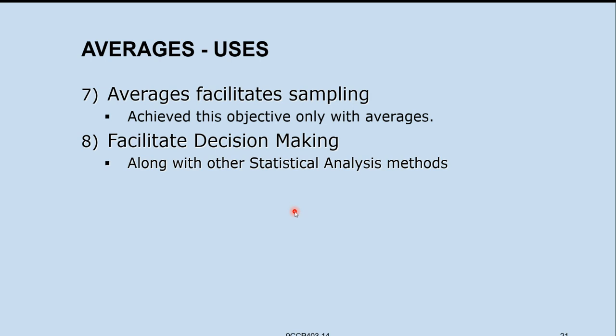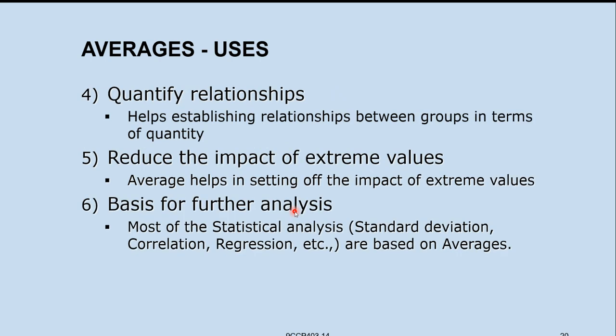In the previous slide, I have explained the basis for further analysis. So for in-depth analysis of the data, other statistical methods are used. And for applying these statistical methods, we require averages in some cases.